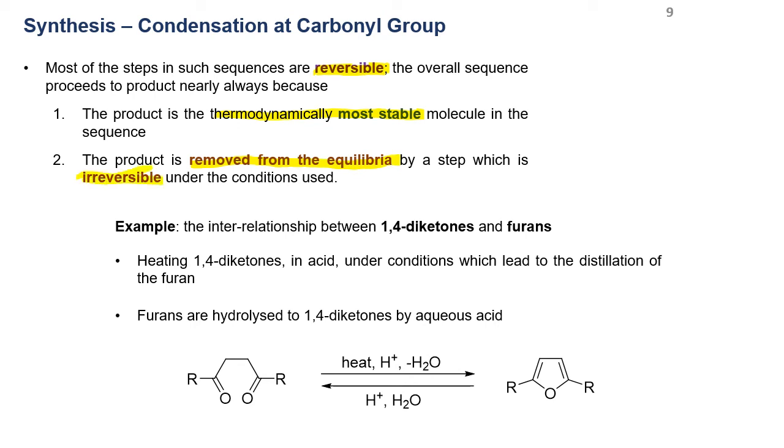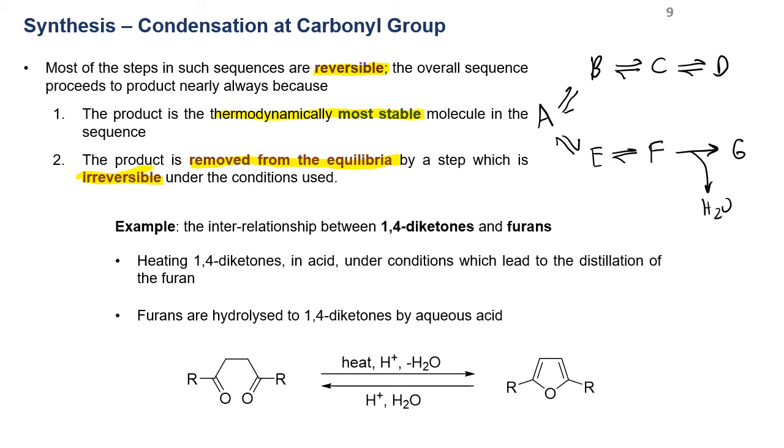For example, if you have a starting material A, this can undergo a first reversible reaction with B, and then to C, and then to D. And another way, A can also react to get E, and this one can react to get F. And after that, from F, this can undergo an irreversible step to G, for example the loss of water or something like that.